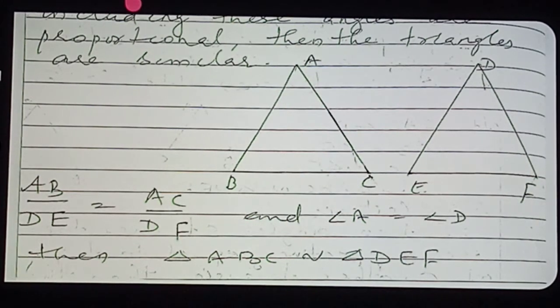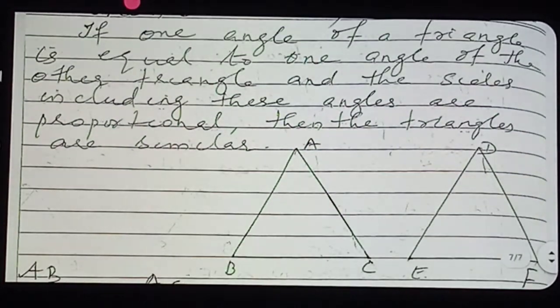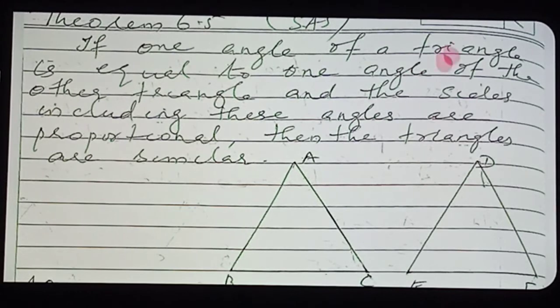So the statement once more. If one angle of one triangle, that means angle A, is equal to angle D, one angle of the other triangle, and the sides including these angles, which are the sides?